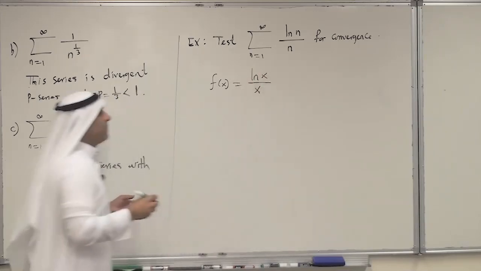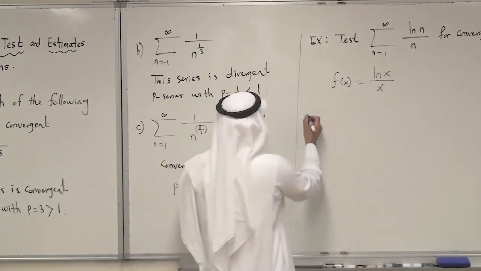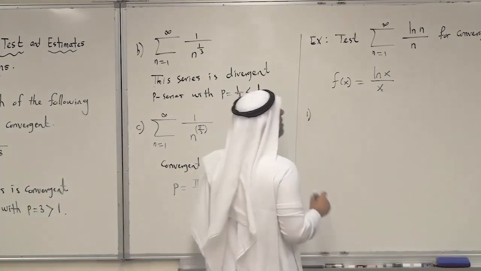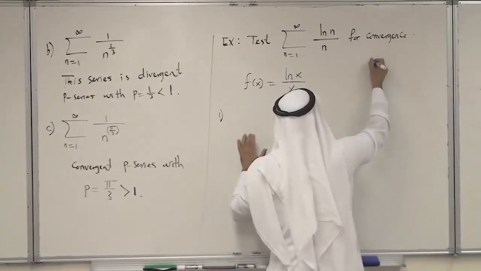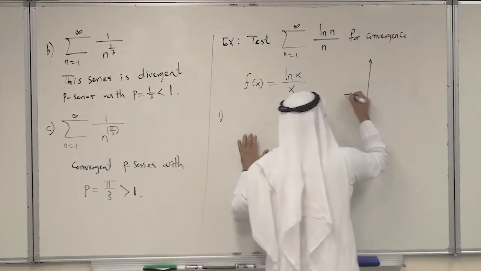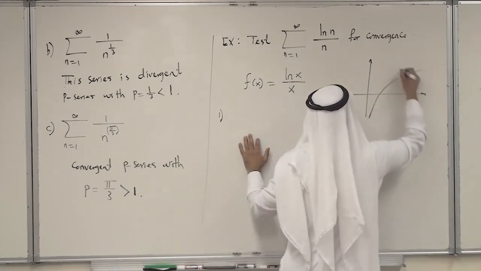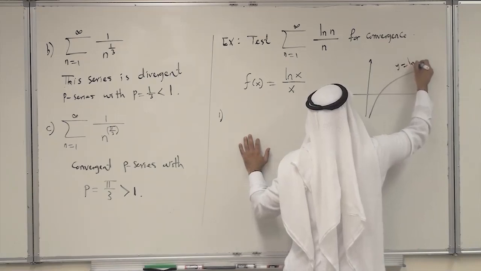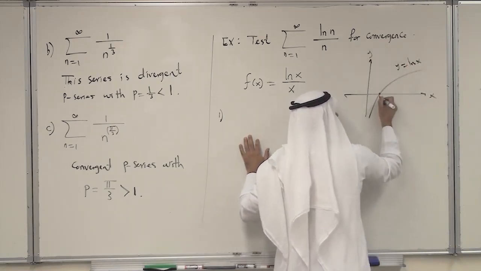Now observe the following. Is this function positive? Let us see this. From 1 to infinity, this is positive. The logarithmic function, if you just remember, has this shape. This is y equal to ln of x, in the xy coordinate system. This is exactly zero at x equal to 1.